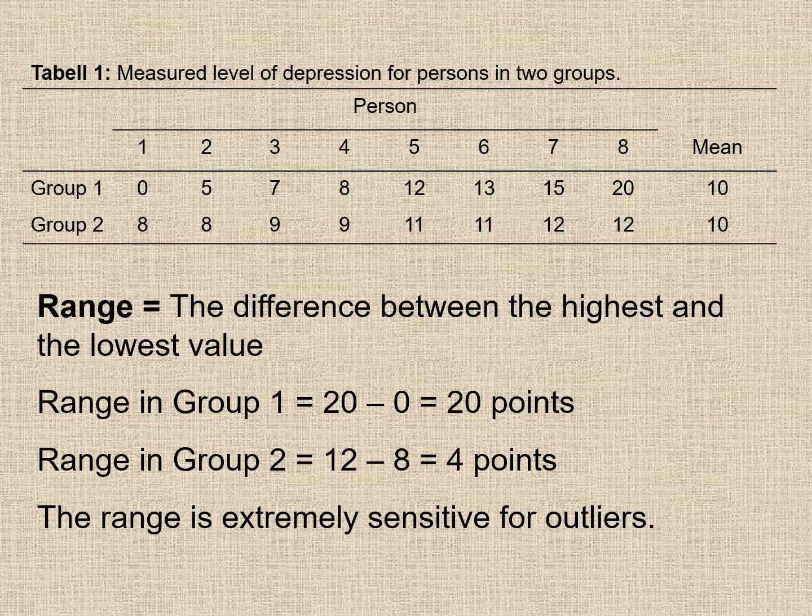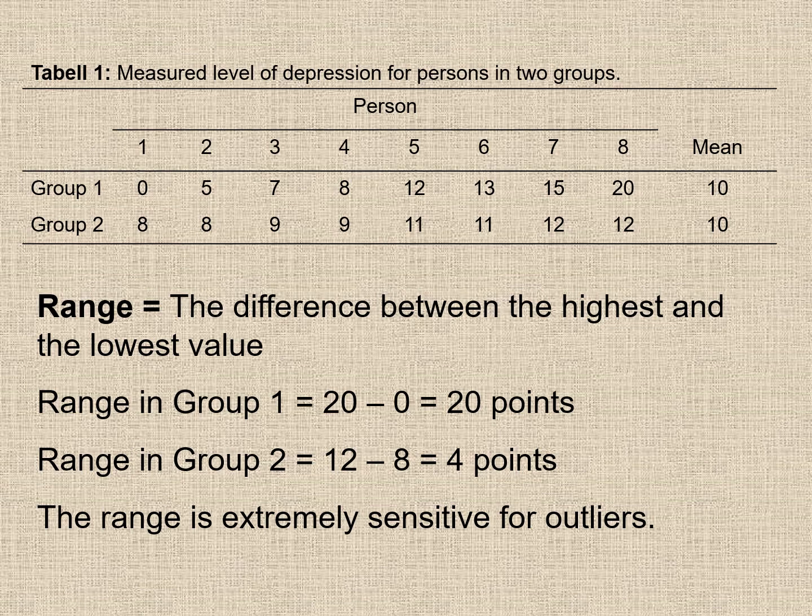So in our example here, the range in group 1 is the difference between the highest value 20 and the lowest value 0. So the range is 20 points. While in group 2, the range is the difference between the highest value 12 and the lowest value 8.